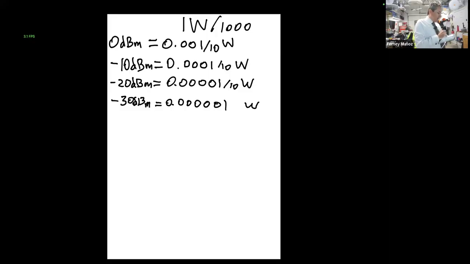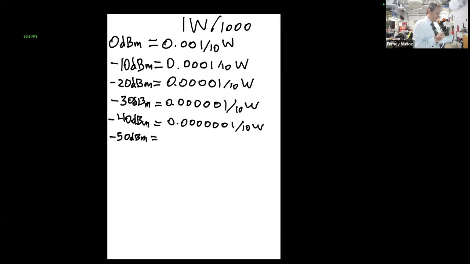If it goes down 10 more dB to minus 40 dBm, divide by 10. Now we have 1/10,000,000th of a watt. We go down 10 more dB to minus 50 dBm.